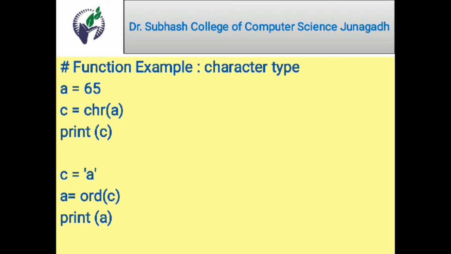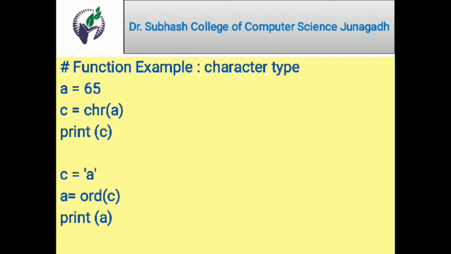In the same way, if we have c equal to single quote a, and we want to get the ASCII value of that character, we have to apply the function ord. Once we give c, a single character, it will give you the ASCII value of the small a, which is 97.